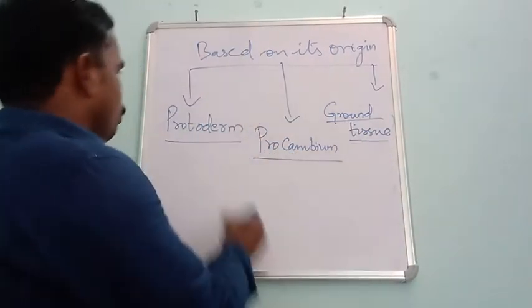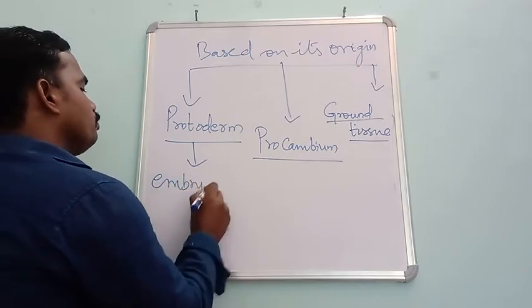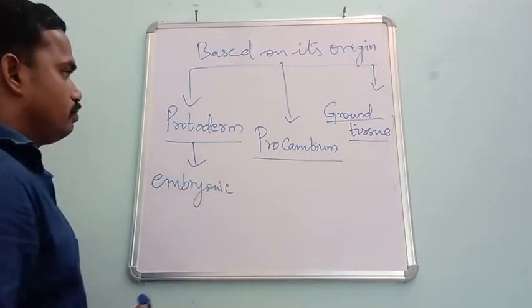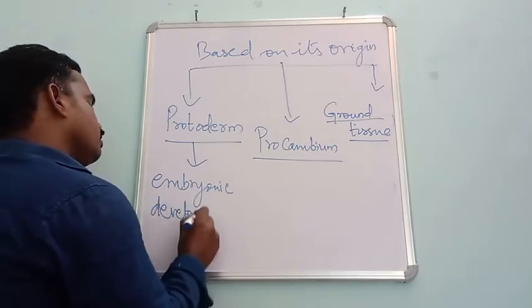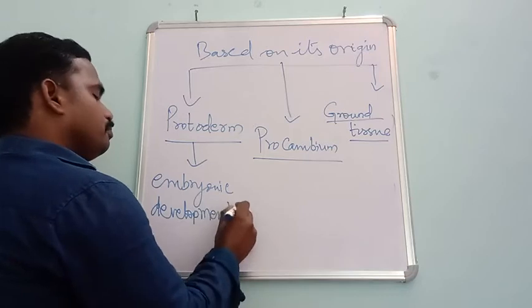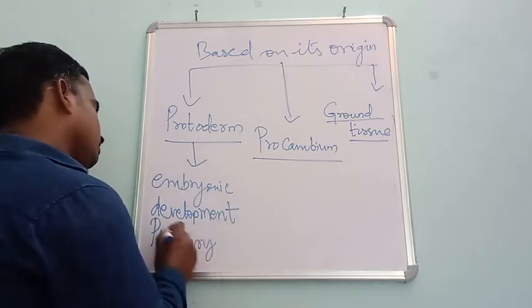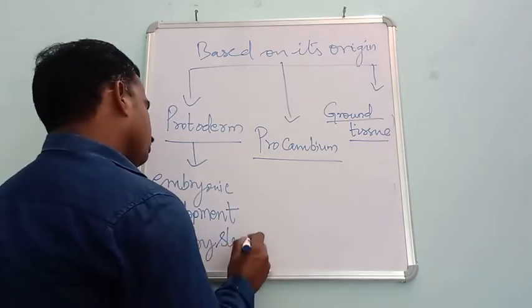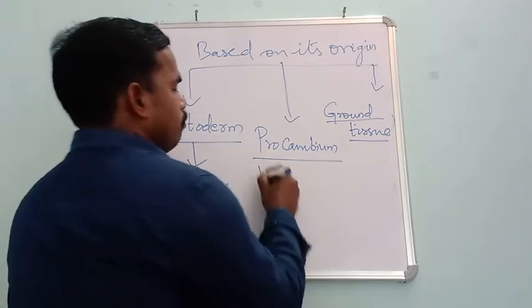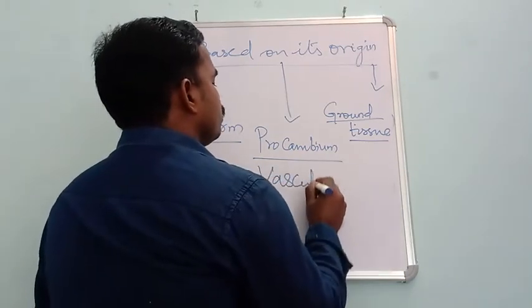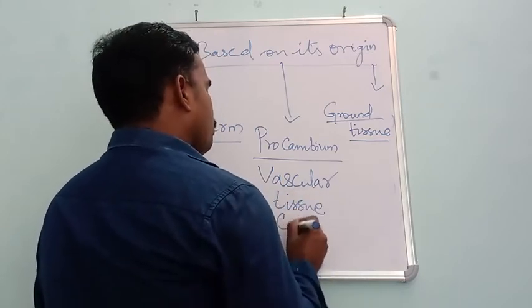So protoderm, embryonic development, that is the primary structure. Procambium, vascular tissue formation, cork cambium.